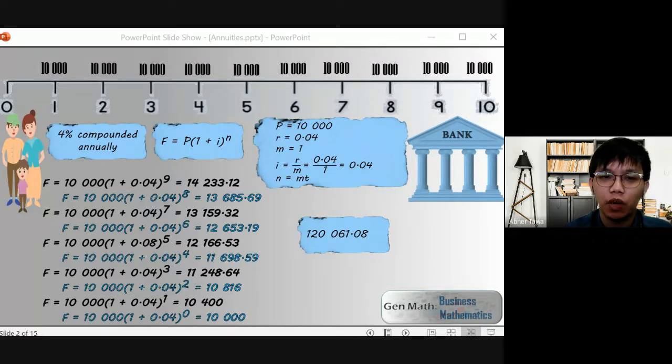What definition of annuity can we derive from this situation? Okay, how about Sandy? Can you describe annuity based on this situation? Who will volunteer?